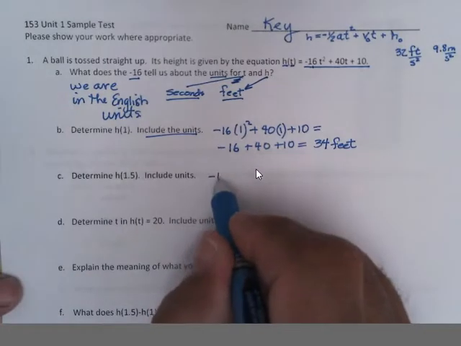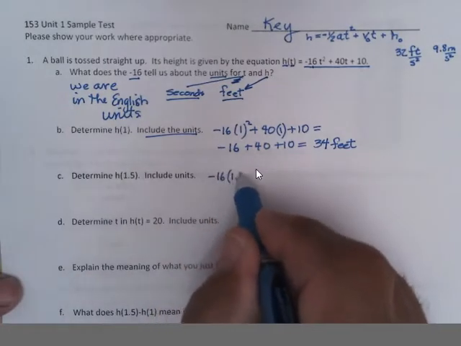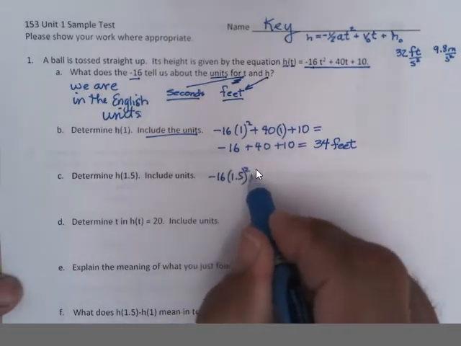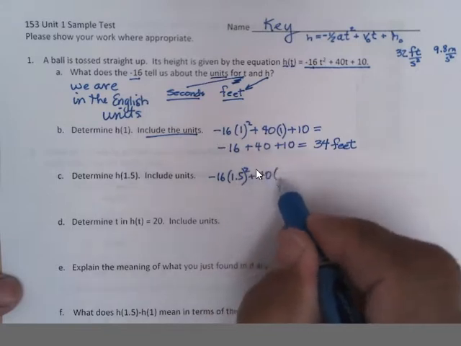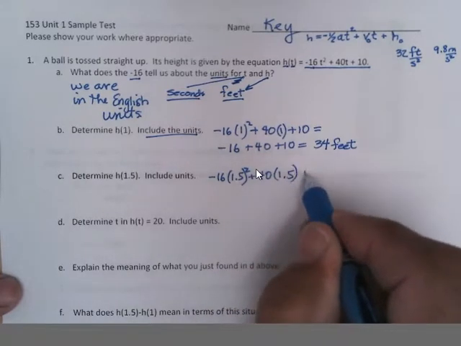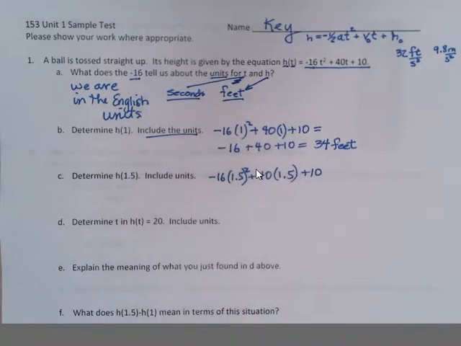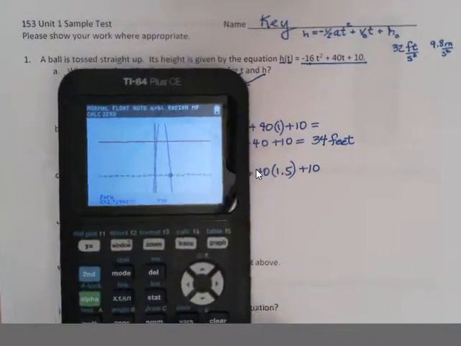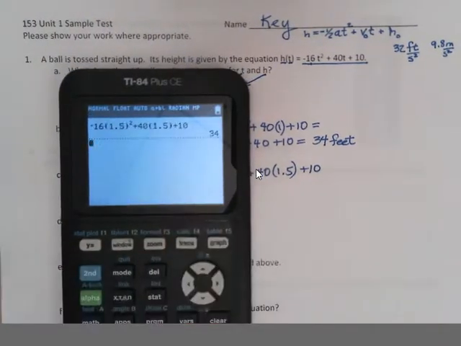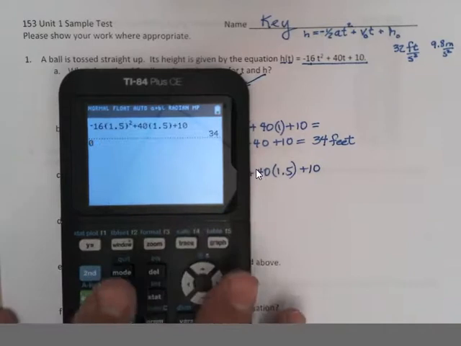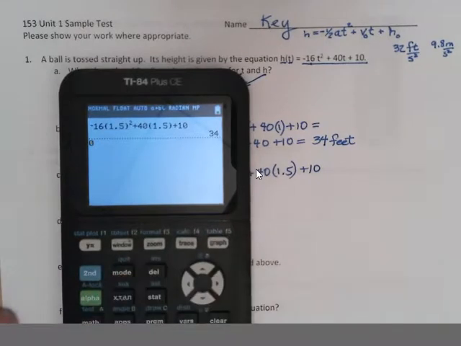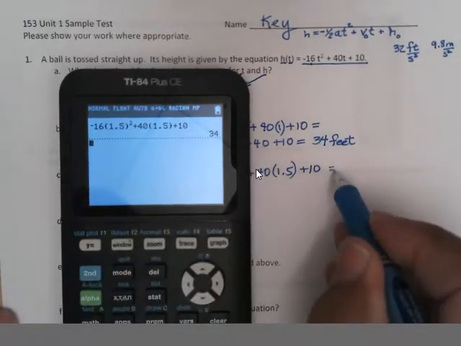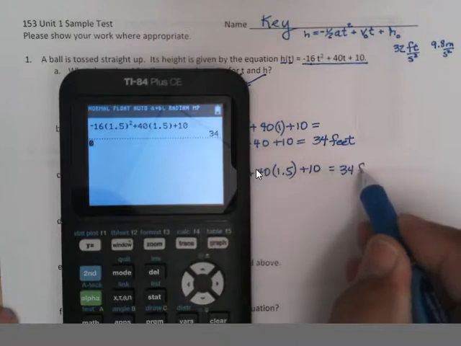So I do negative 16 times 1.5 squared plus 40 times 1.5 plus 10. And that one, we could do on the calculator. Since I just did this, it should still be there. So there you can see it, and it comes out to be 34 feet.